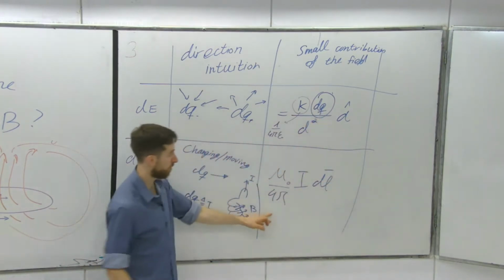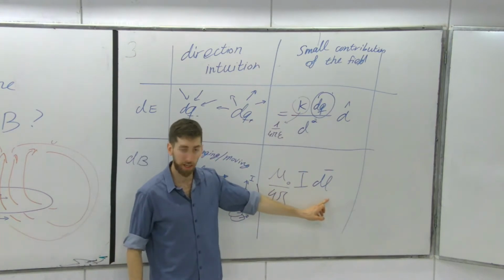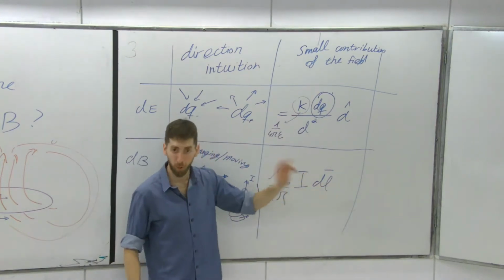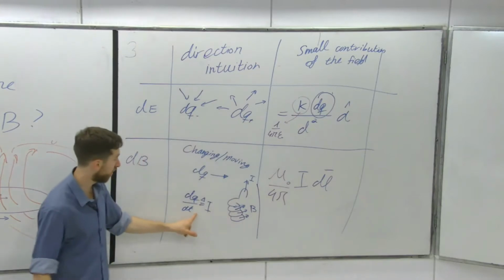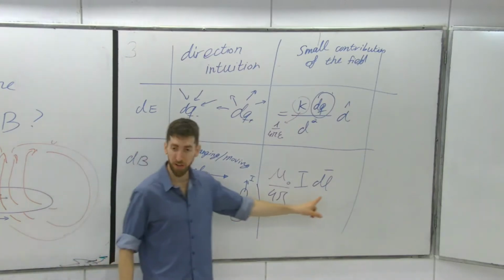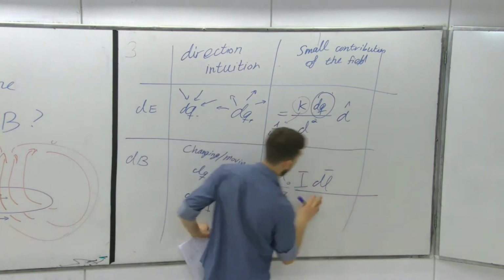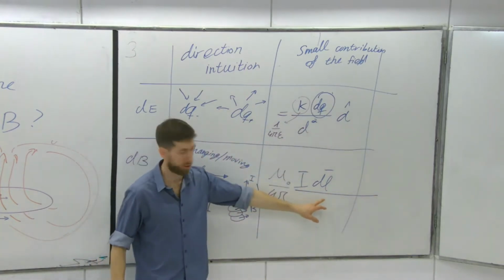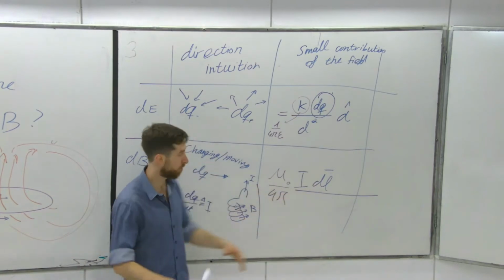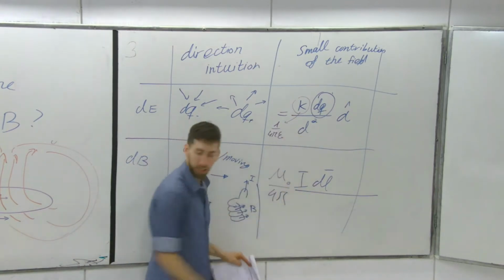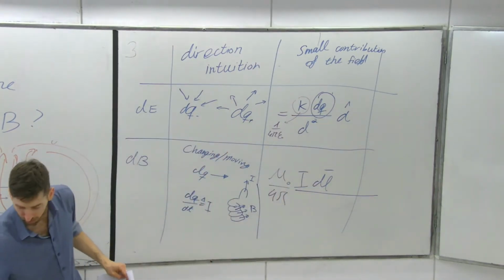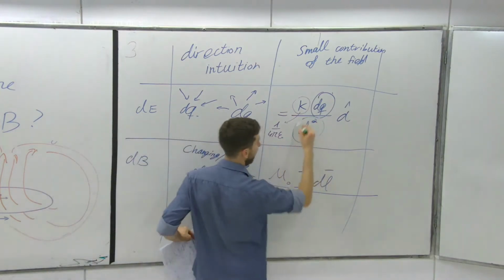If you remember in Lorentz law, that we derived from the velocity, this is a moving charge on the location dl. And now I need to deal with the distance.